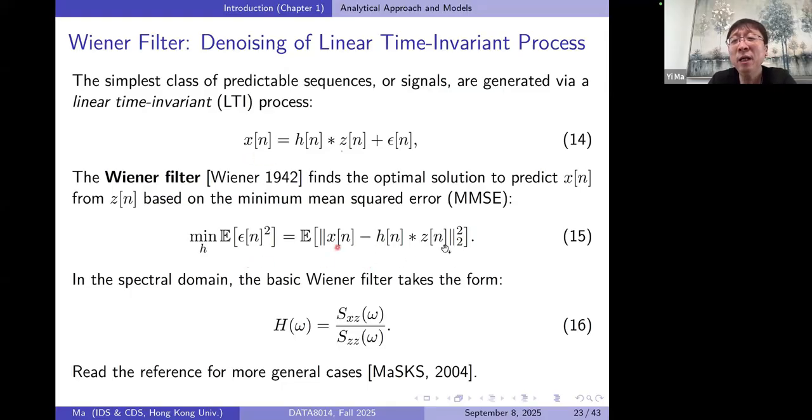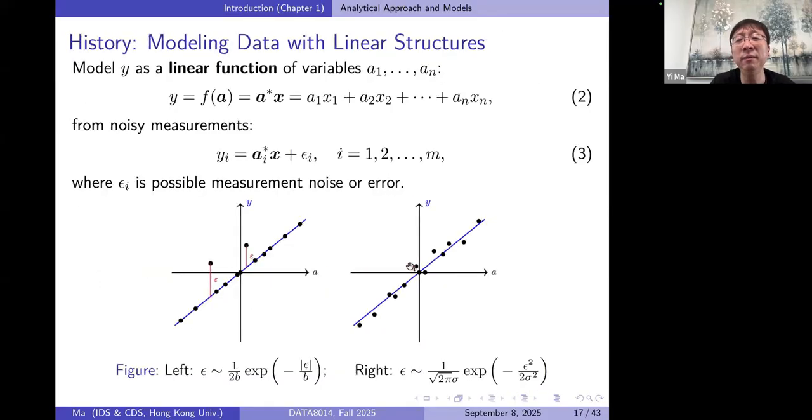So this become a temporal estimation problem, right? How do I find h such that the predicted trajectory is closest to the observed x, right? Minimize the mean square error, right? So he actually derived a solution to this, right? Essentially, it's very similar to this problem, by the way.